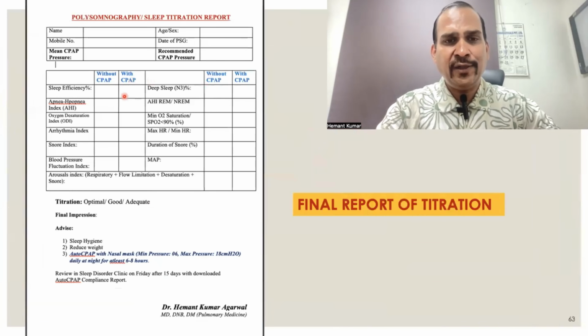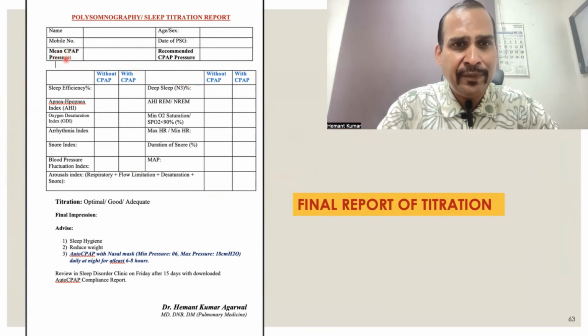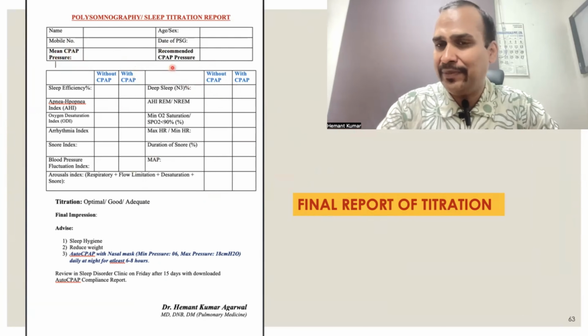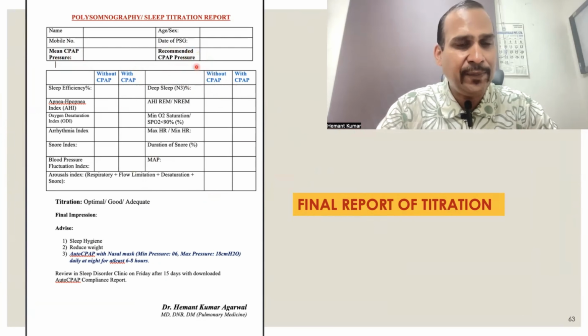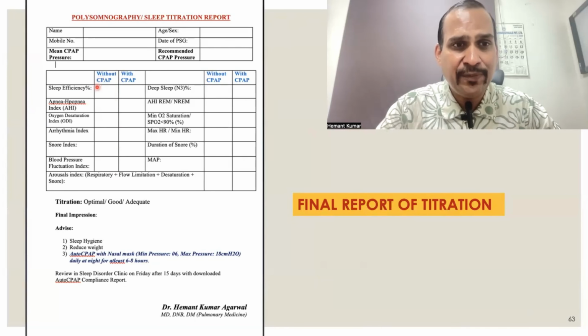So this is the final report that we are giving to patients. We give the patient this report: mean CPAP pressure, recommended CPAP pressure, how much pressure the patient should apply in his CPAP. Okay. So we are comparing all data and we are explaining to the patient also. Before CPAP, you were having this sleep efficiency, AHI. After CPAP, you have this.